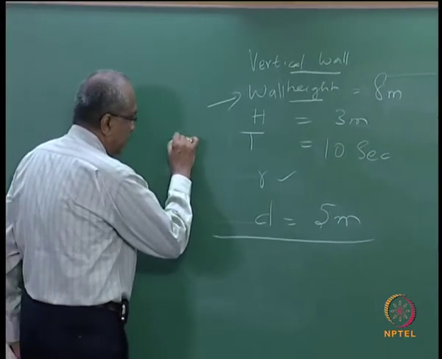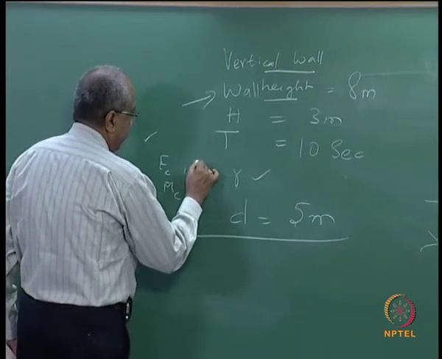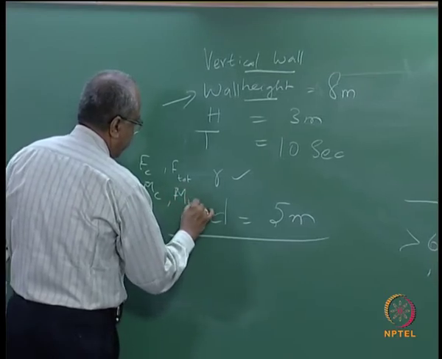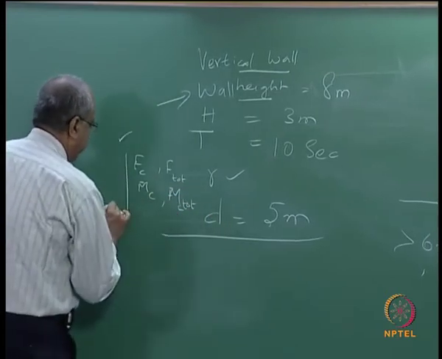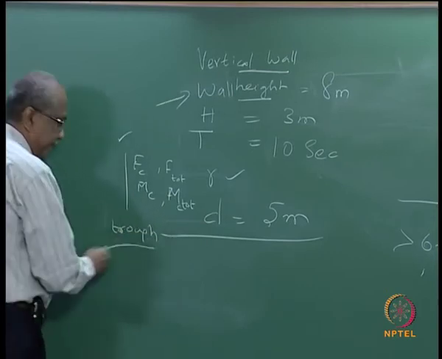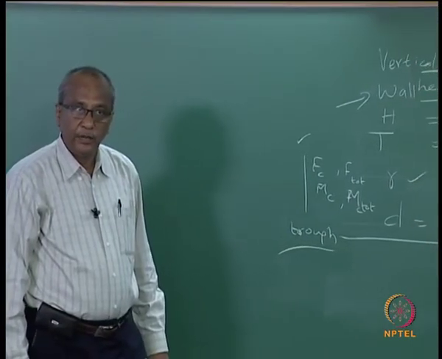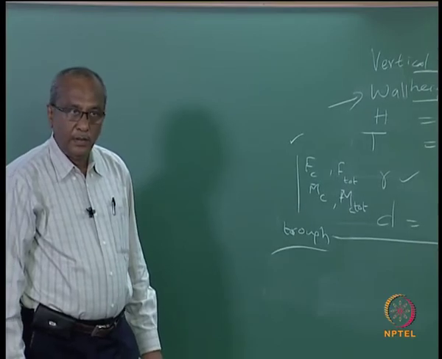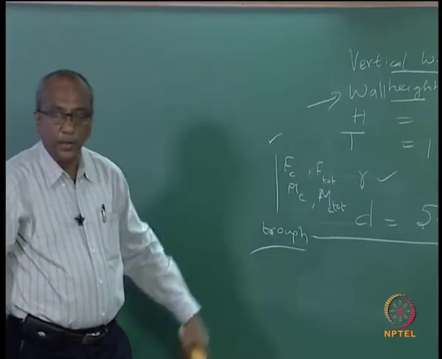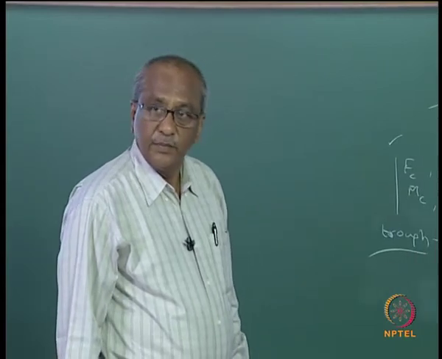So try to get the FC, MC, F total, MC total, and similarly all these things for trough, when the trough is there. I am not going to give the answer for this problem, but you need to do it on your own and then submit it to me later. Is that clear?